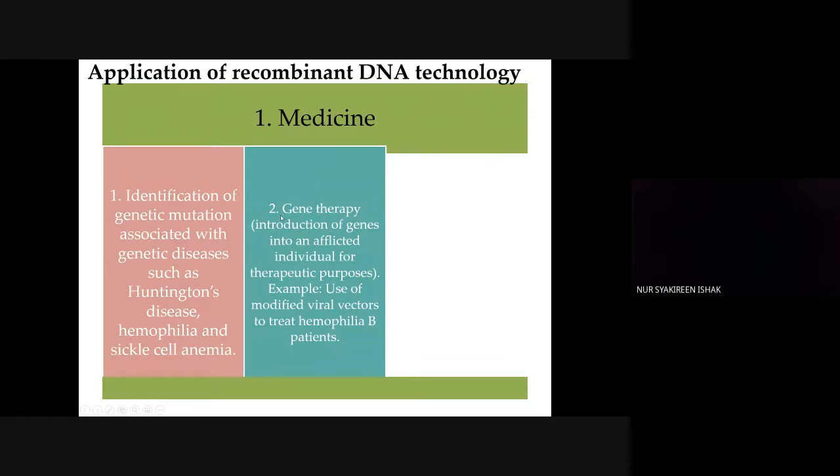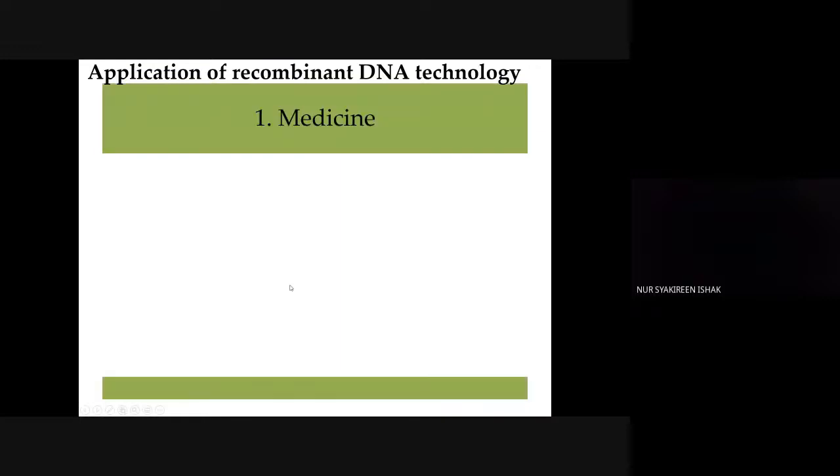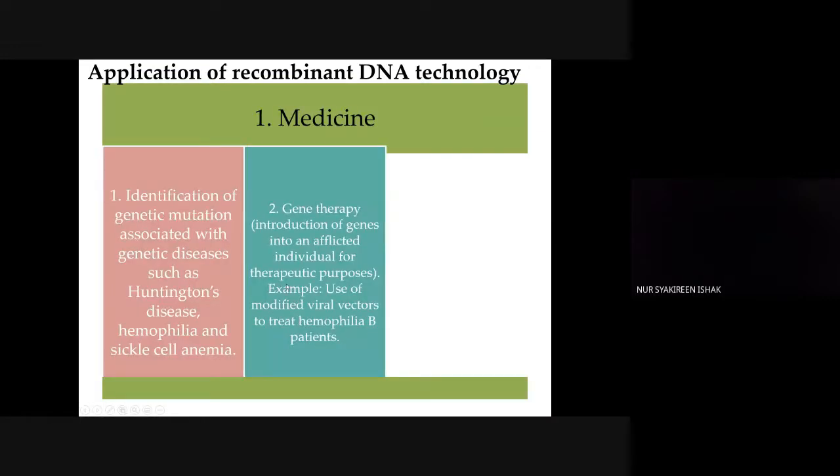Second, gene therapy: introduction of a gene into an afflicted individual for therapeutic purposes. For example, the use of modified viral vectors to treat hemophilia B patients.